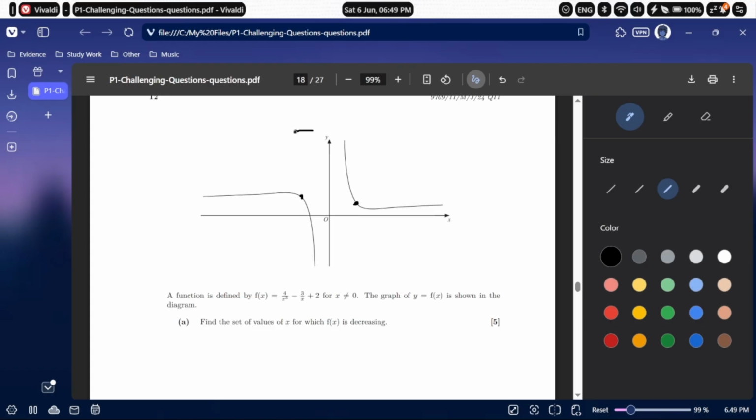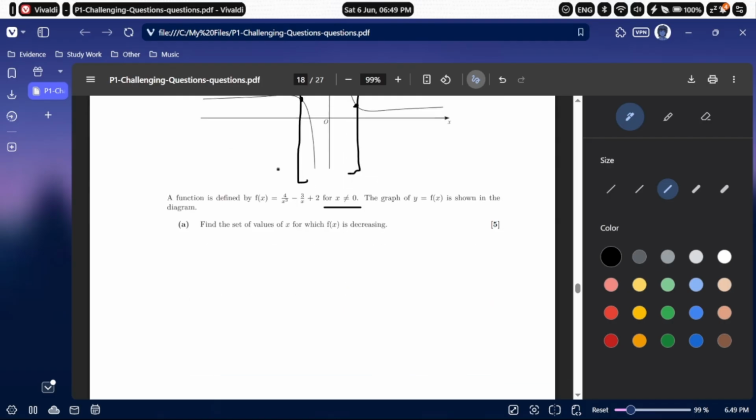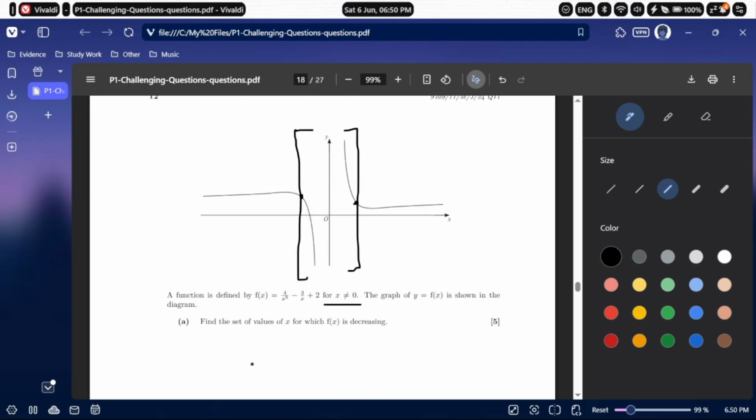So it's definitely going to be somewhere over here. That's your first cue, so whatever your final answer is, you can double check with it. Also keep in mind that for this function, x is not equal to 0, because if you input 0 into the function, you would get undefined, which is not acceptable.